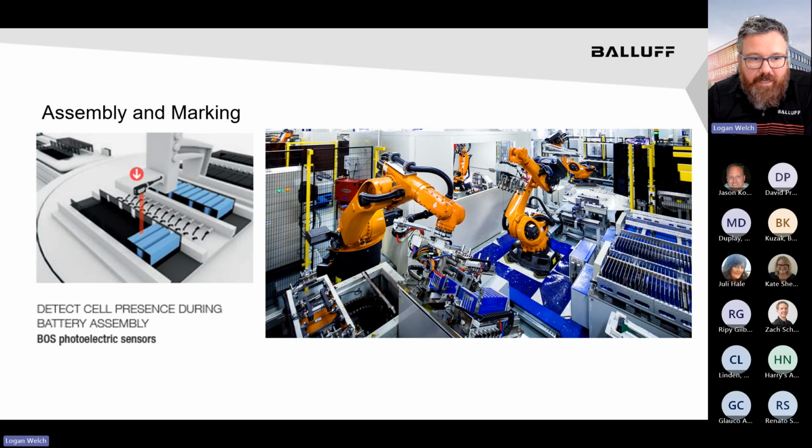This is an application where robots are actually stacking these battery cells into a cell hub to make a large battery, and they basically are just monitoring them with very cost-effective sensors, where before they would use vision and different things like that to error-proof the assembly process. But they found that using photoelectrics is far superior when it comes to cost and reliability. So again, when you're thinking about applications and you just need to know something's there, think photoelectric.